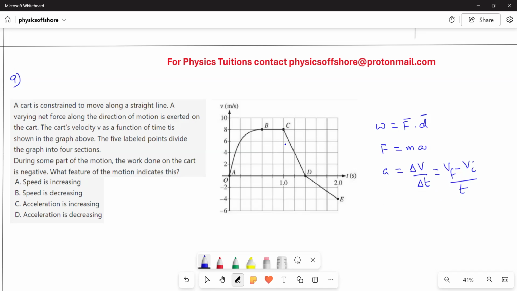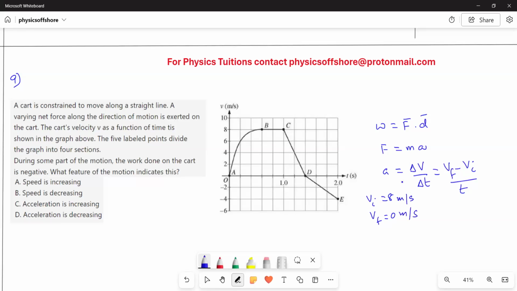For example, if you see this part here, take the slope here. What is the value? From 8, it is becoming 0. Initial velocity Vi is equal to 8, and then Vf is equal to 0.